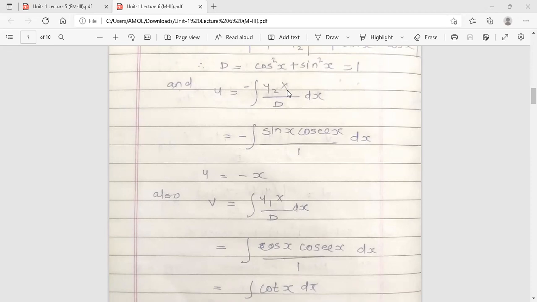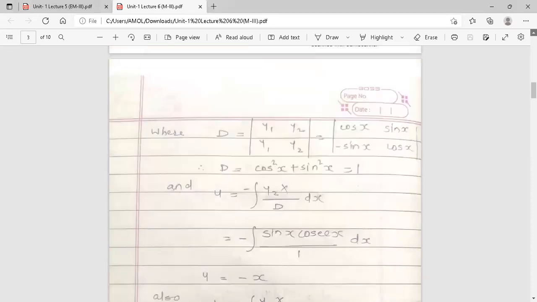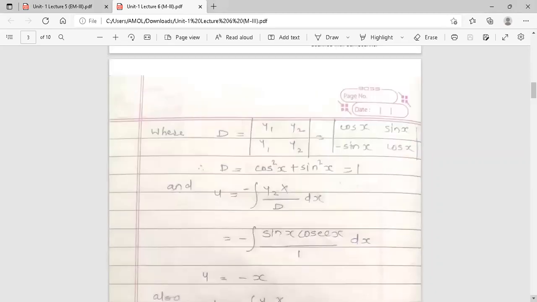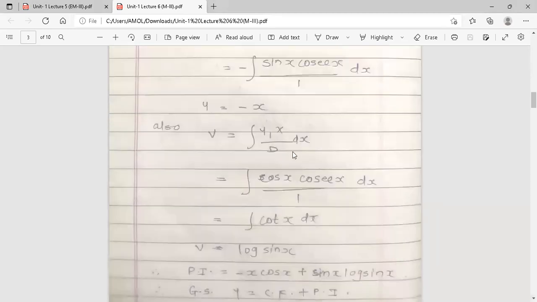And what is the function here? The function is cosec x. In the RHS, the function is cosec x. Capital X is this RHS function, and this value is cosec x here.